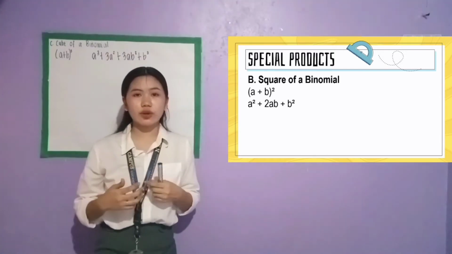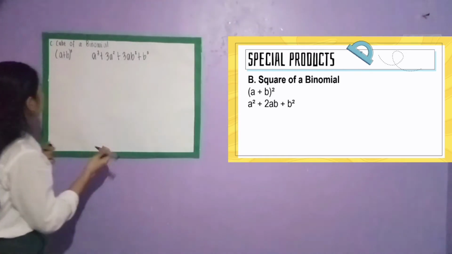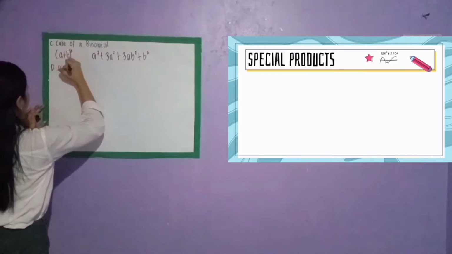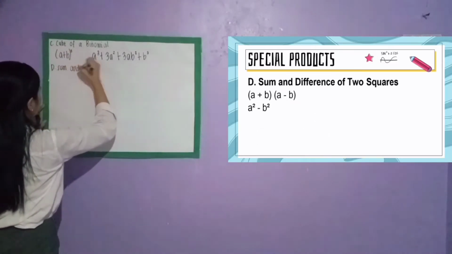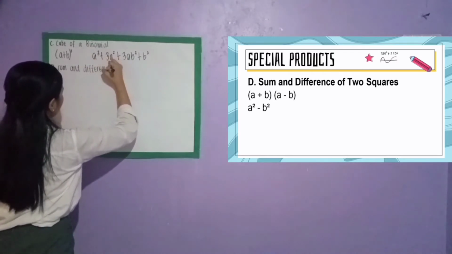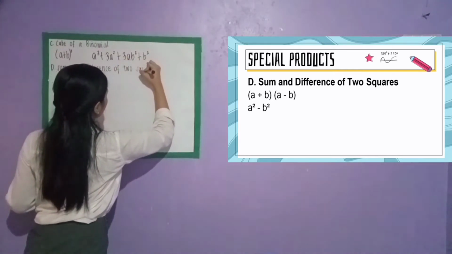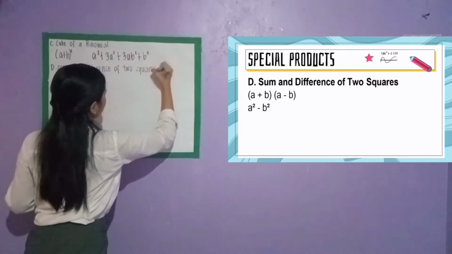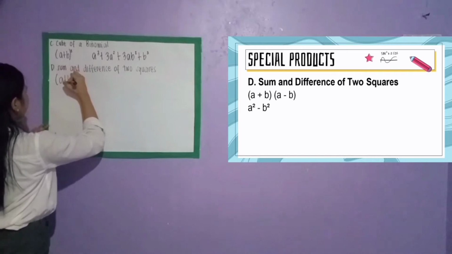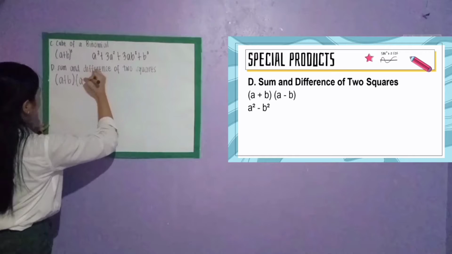So the last pattern that we are going to review is the sum and difference of two squares. So let's have here the quantity of a plus b times the quantity of a minus b.